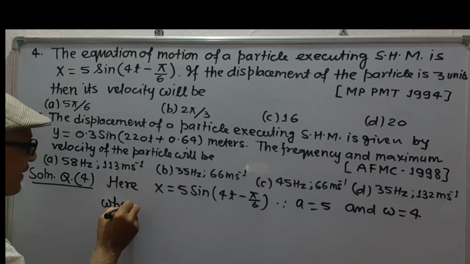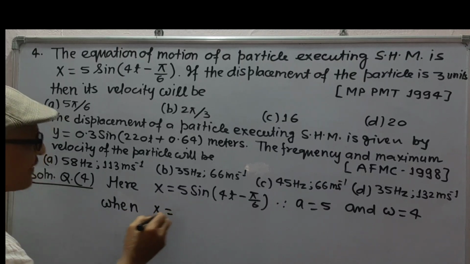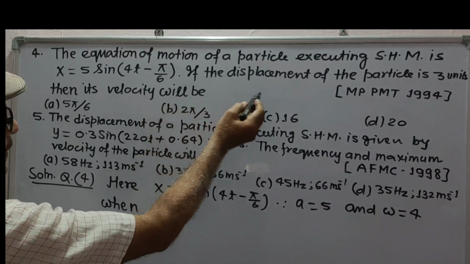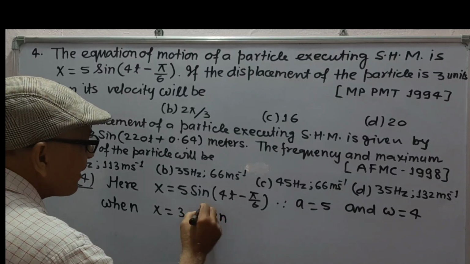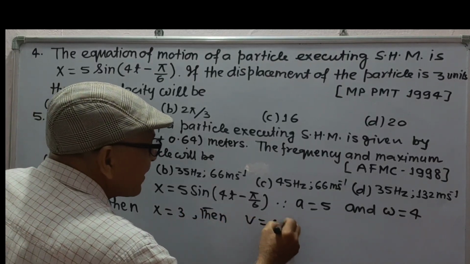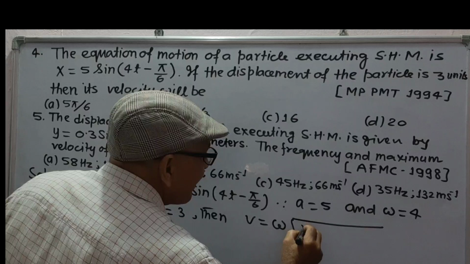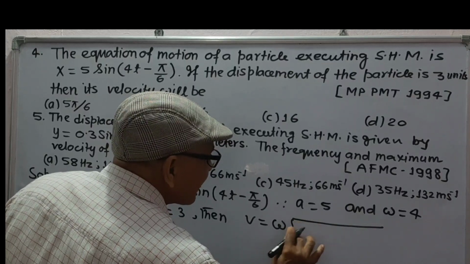When x is equal to 3 units, then velocity will be equal to omega into square root of a square minus x square.